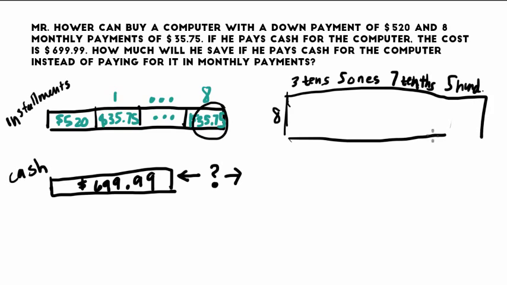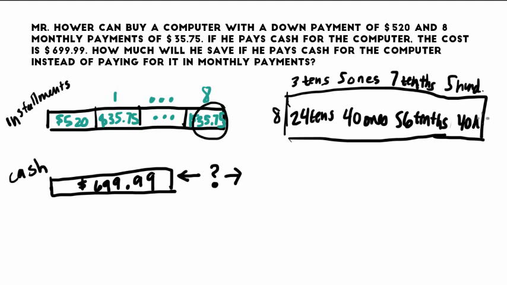So, boom. What's 8 times 3? 24. 24 what? 24 tens. 8 times 5? 40 ones. You kind of remember this? 8 times 7? 56 tenths. And 8 times 5, 40 hundredths.